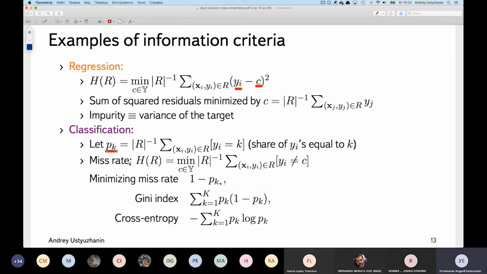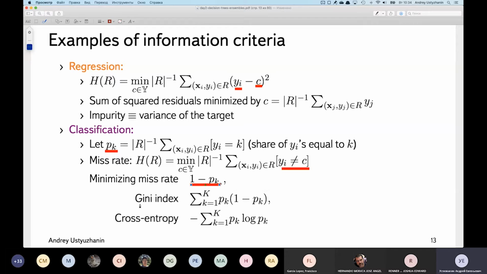It is something that corresponds to the accuracy, and miss rate then can be expressed in the following way. And so we have to minimize the miss rate somehow, 1 minus pk.